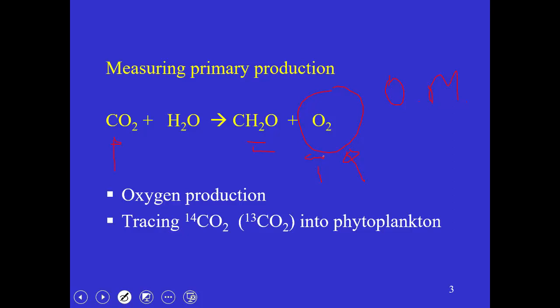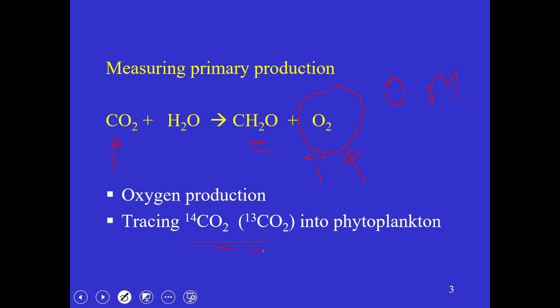Another, in some ways even more common and easy way of measuring primary production is by following the carbon. That carbon can be traced with a radioactive tracer, C14, or with a stable isotope tracer, C13. It turns out it's easier to use the radioactive form. The equipment for doing that only costs about $20,000.